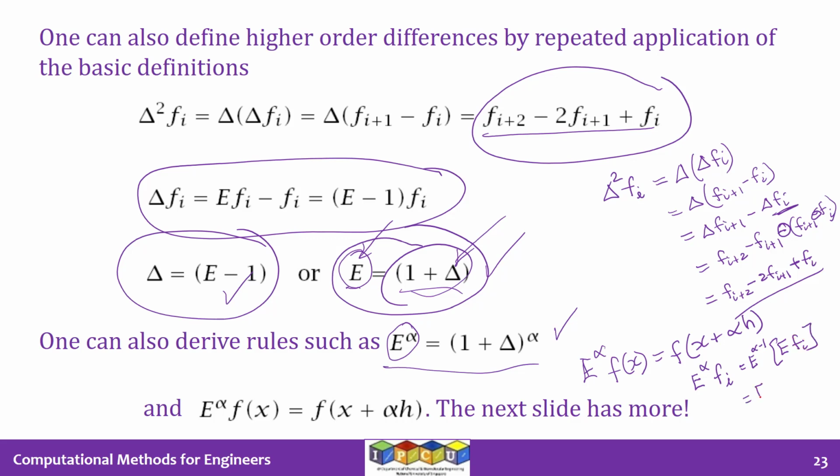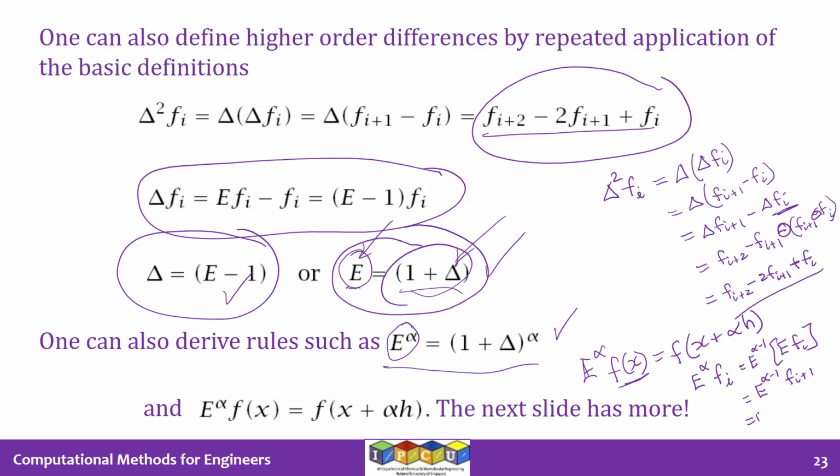So this is going to be E to the power of alpha minus 1 times EFi, and EFi is nothing but Fi plus 1. So we have moved one step forward from where we started. We started with Fi, which is f of x, and then we have moved to Fi plus 1.